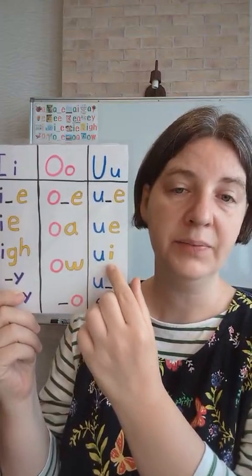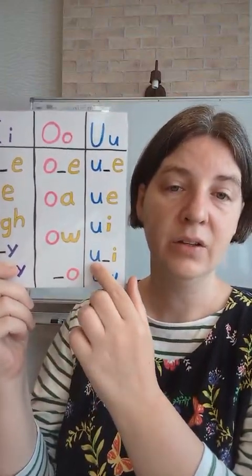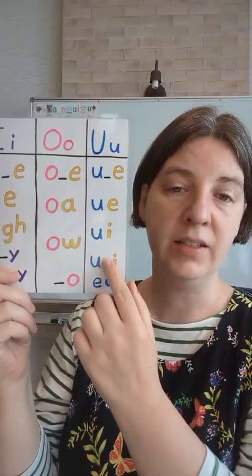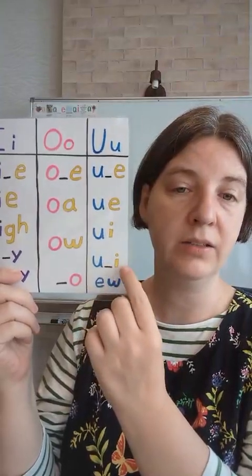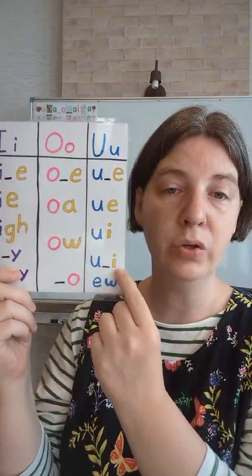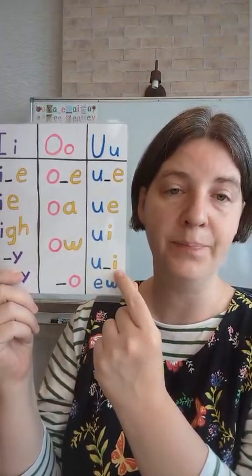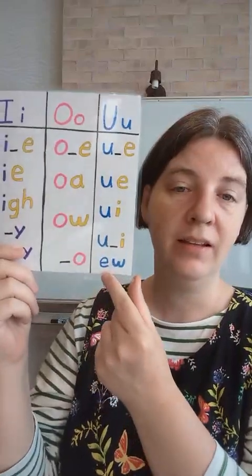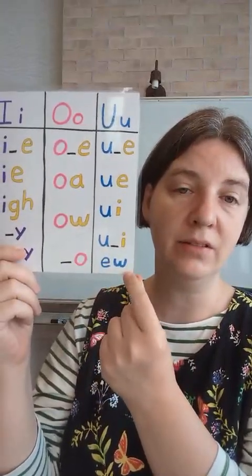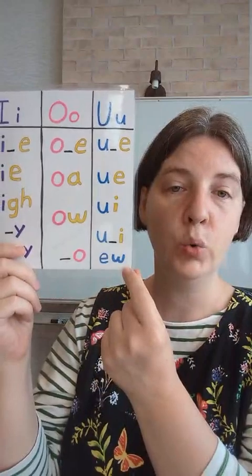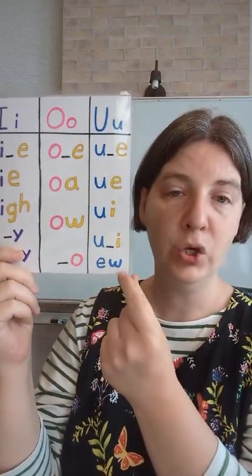UI next to each other. U and I with a space in between. This is used for words like unicorn or universe, where it has a U and an I. Okay, and then there's an EW, and this EW also says ooh, like new.